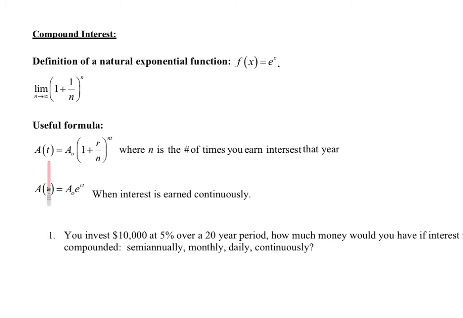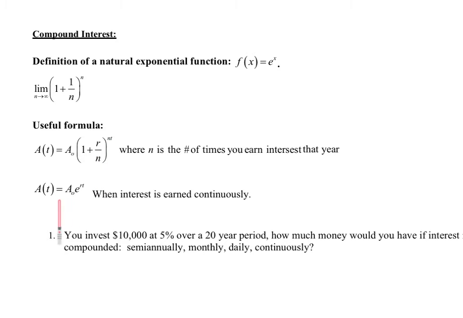So this here is compound interest, and it says we're investing an initial amount, A sub 0. We have 1 plus r, my rate, divided by n, the number of times my interest is compounded that year, to the nt. So n, the number of times it's compounded, just means the number of times you earn interest per year. So, for example, if it's semi-annually, n would be 2 here and here.